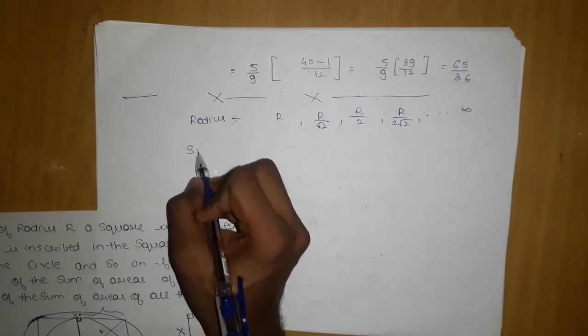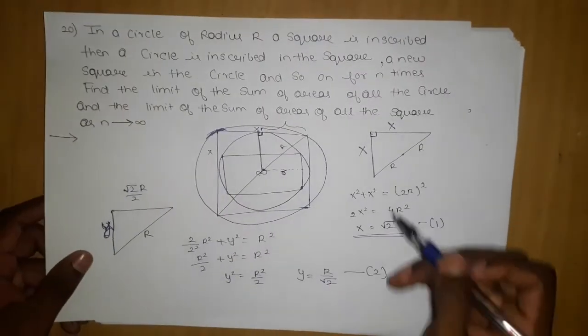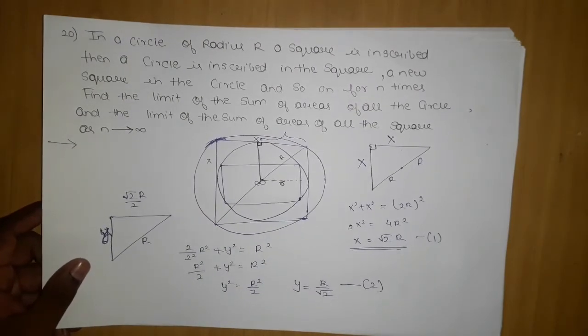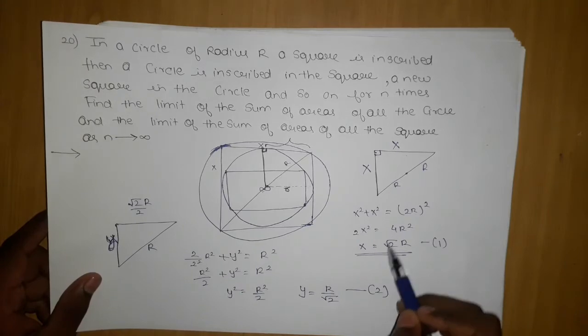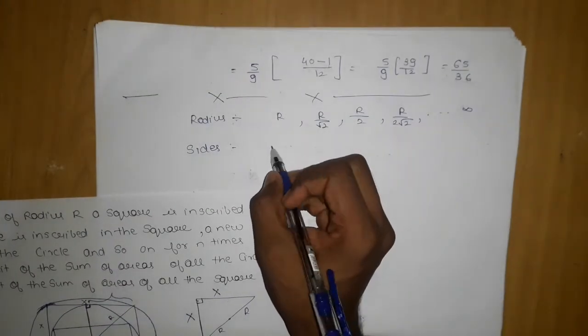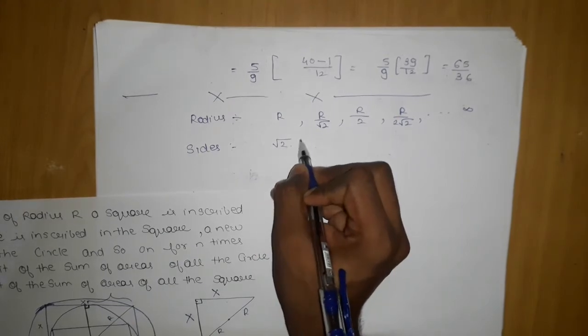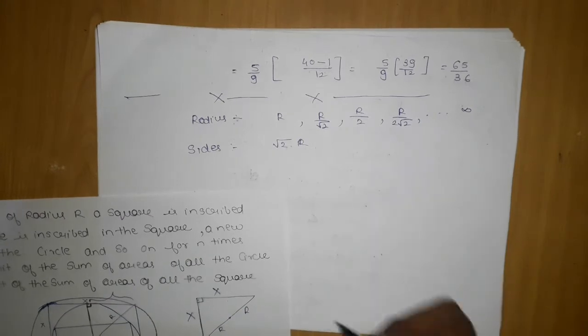Now let's observe the sides of the squares. The first side which we found out was root 2 r.